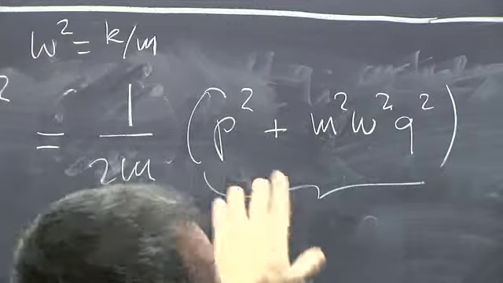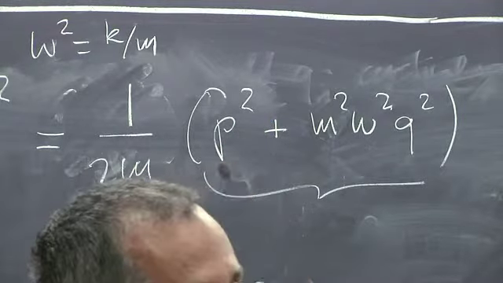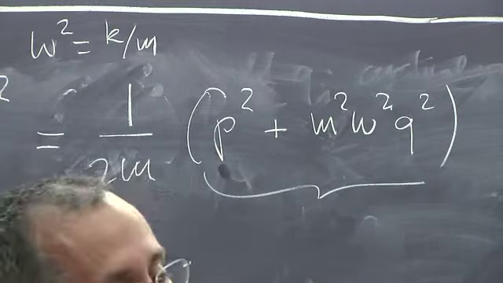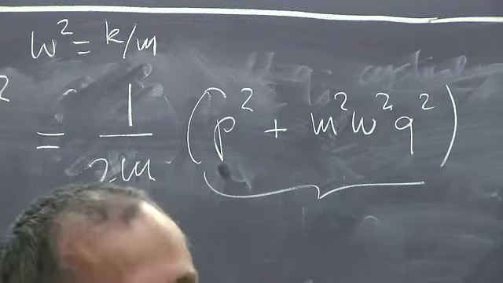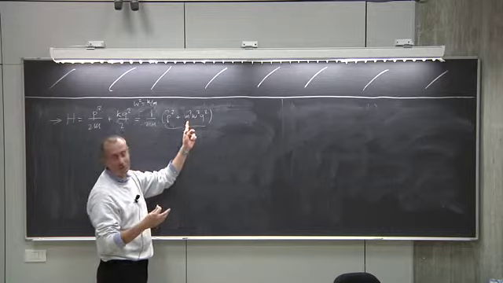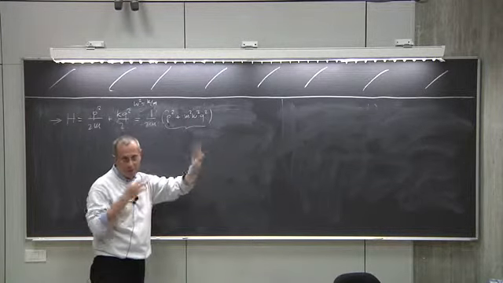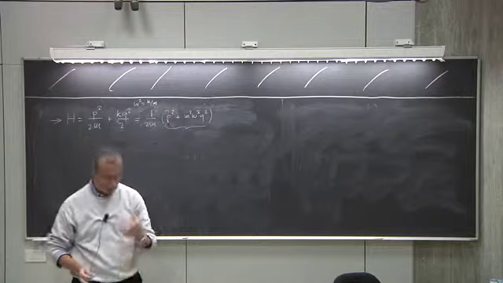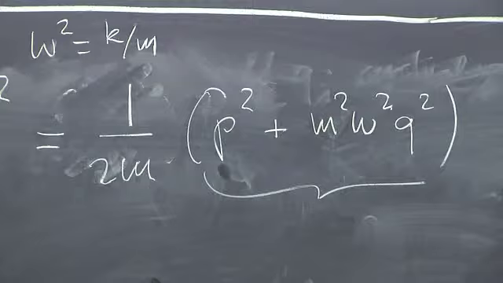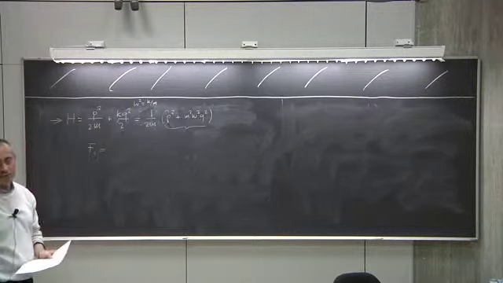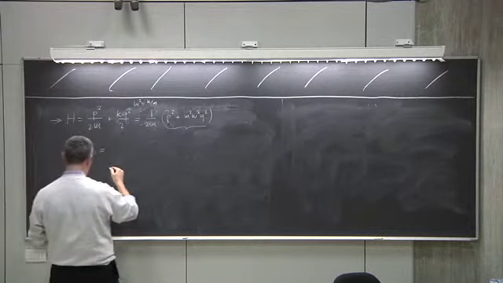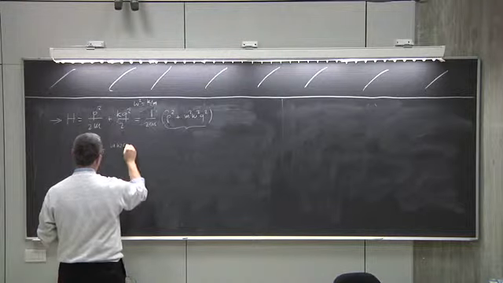So if you find a transformation such that little p goes into some function of big P and big Q, say a sine of big Q, and little q is the cosine of big Q, and somehow you get rid of that constant, then you get 1, maybe with some factor, and then you are done, right? So here I come in, and I tell you to take a generating function of type F1, so it depends on little q and big Q. It's a weird object, this.